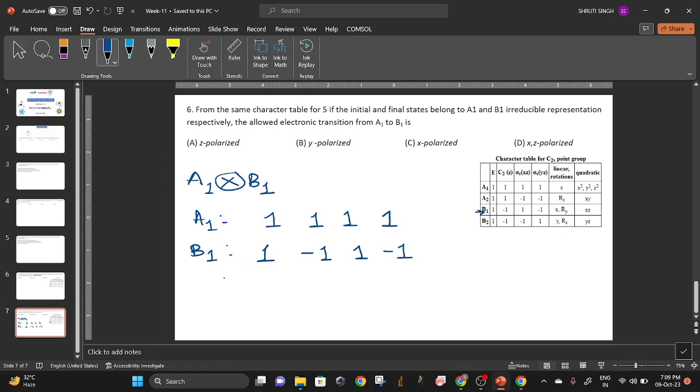Cross multiplication means you have to multiply character-wise. So 1 multiplied by 1 is 1. This is minus 1. This is 1. And this is minus 1. Now which representation is this out of these 4?